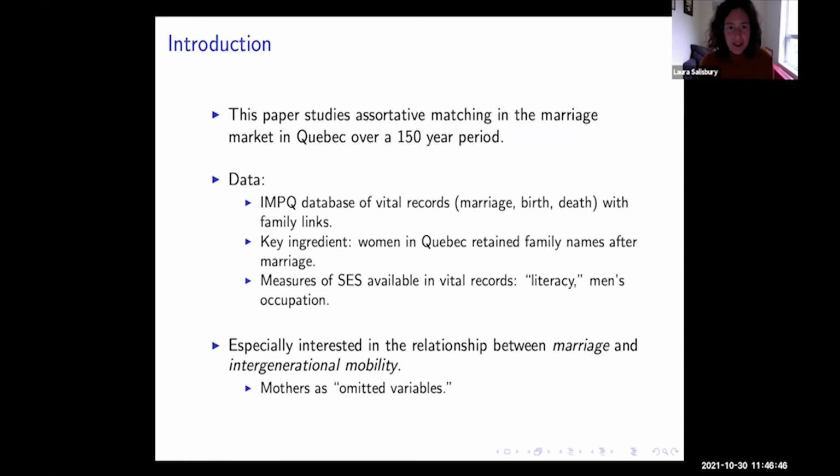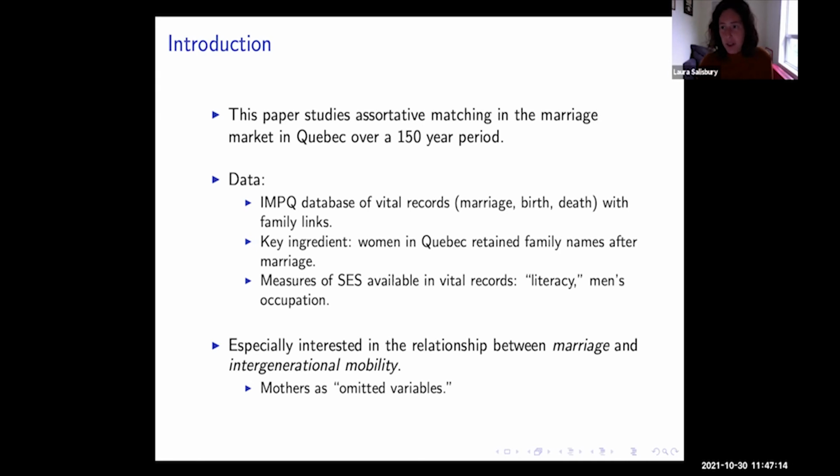So this paper studies assortative mating in the marriage market in Quebec over a wonderfully long period of 150 years. The data, so Matthew uses the IMPQ database, which is essentially like a universe of linked vital records, with information on marriage, births, and deaths.